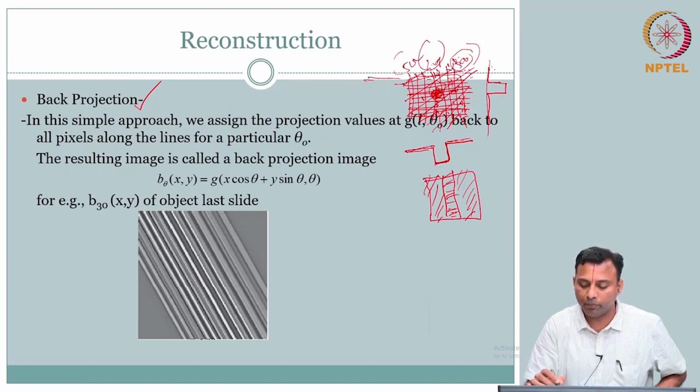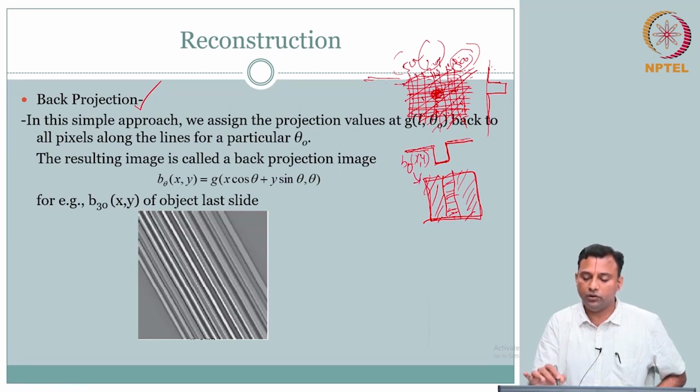So here I am back projecting. I am saying along this column everybody took 1.2. Along the rest of the columns they all took 1. This is my back projection image at 0, at 0 of x comma y. I mean this is the back projection of the 0 angle view along x comma y.